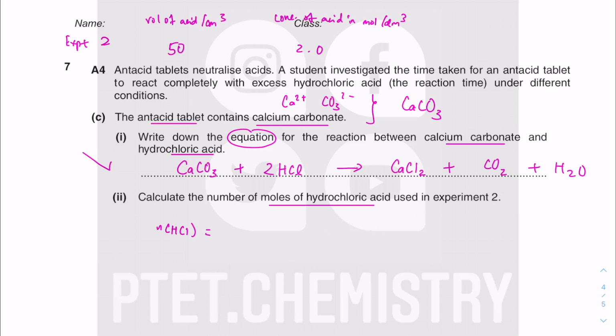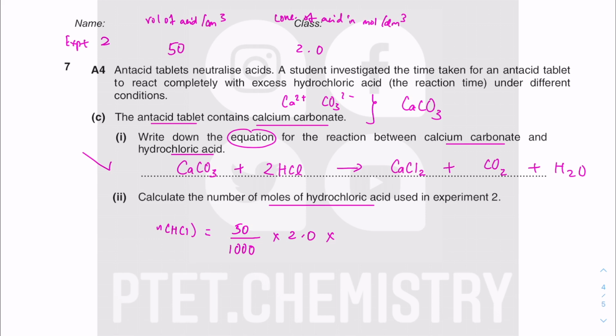So we have volume, but it's in cm cube. We have concentration, but it's in mole per dm cube. So you have to convert the volume to dm cube. Either you divide by 1000, or you could do 50 times 10 to the minus 3, which is what I've done in a previous part of this tutorial, or even in the previous tutorials for work 5, I think.